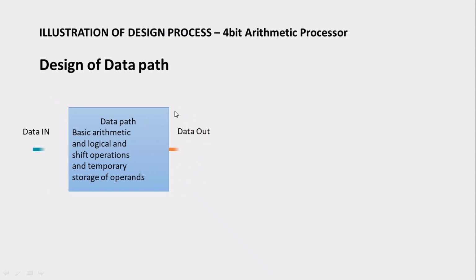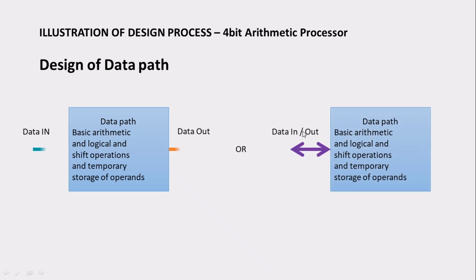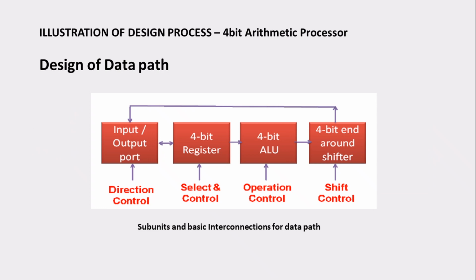Okay, there is one more way of approaching the design, we can go for only one single bus, that single bus can act as an input port as well as output port. Okay, so this is one way. In the similar way we have different types of bus topologies, or different types of bus connections you can come across.